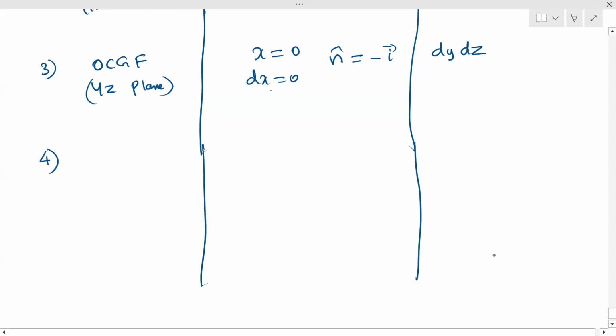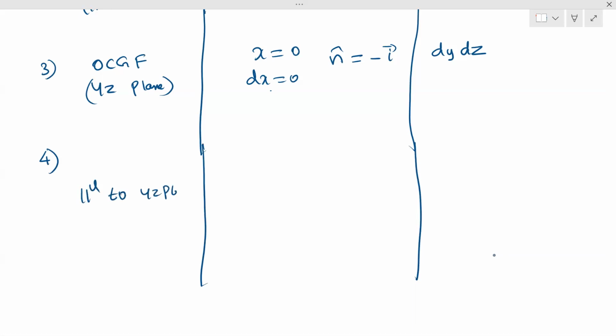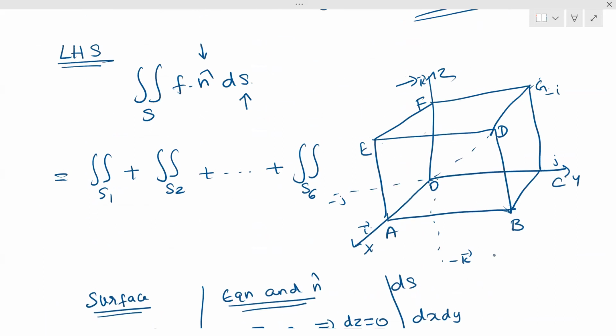The fourth surface is, what is the fourth surface? Parallel to the YZ plane. Which plane is parallel to the YZ plane? ABDE.